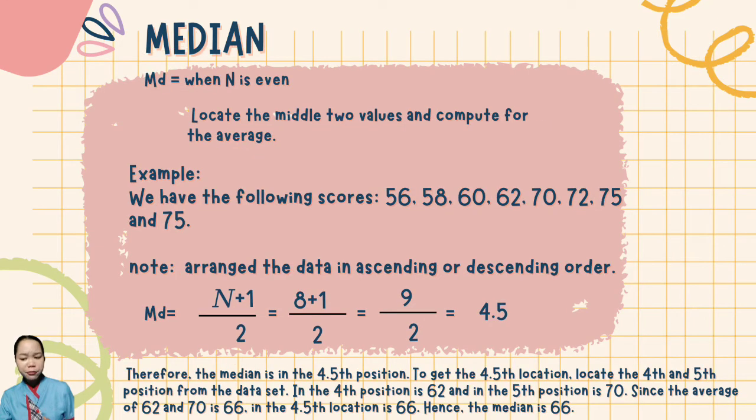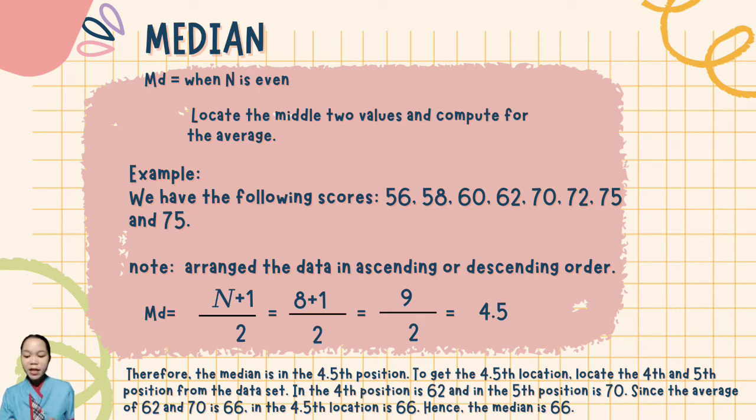So what if our n is even? To get the median, we need to locate the middle two values and compute for the average. For example, we have the following scores: 56, 58, 60, 62, 70, 72, 75, and 75. First, make sure that the data are arranged in ascending order.